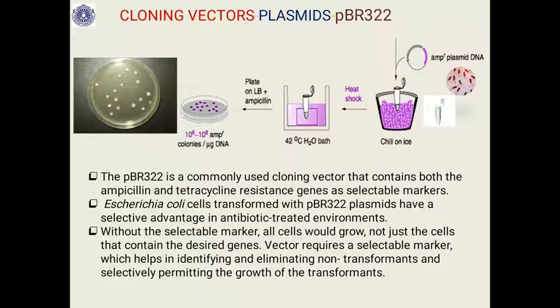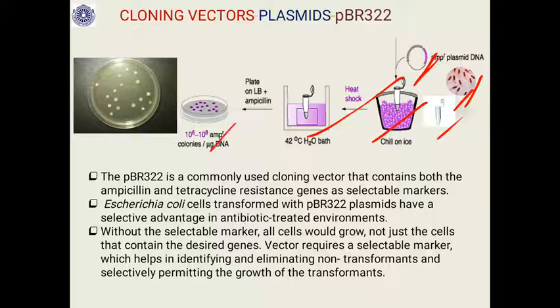So how exactly do they work? This is our gene of interest inserted into the plasmid. It is carrying two selectable markers. We insert this into E. coli bacteria in a test tube, and it has to be given a heat shock. Then only these bacteria will accept our plasmid pBR322 carrying our gene of interest.